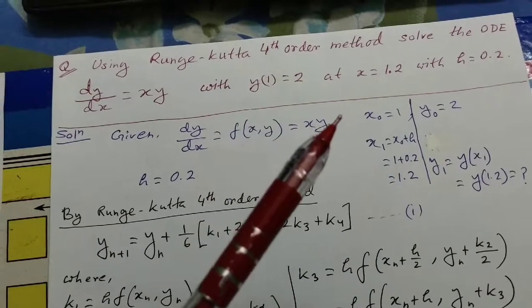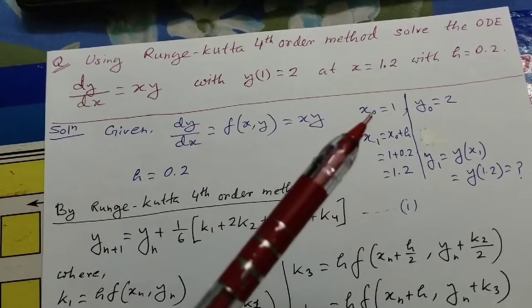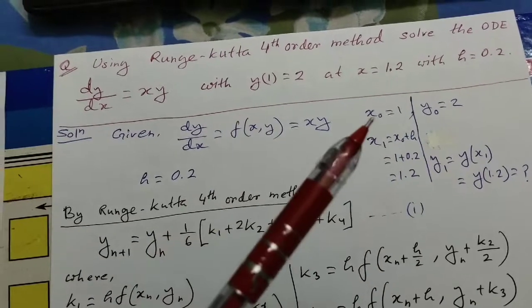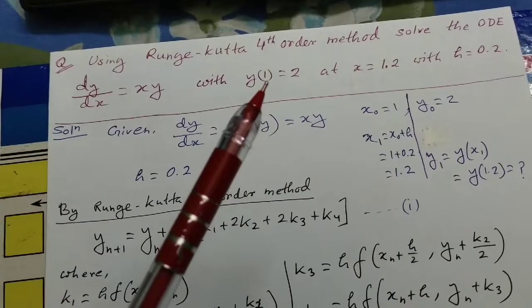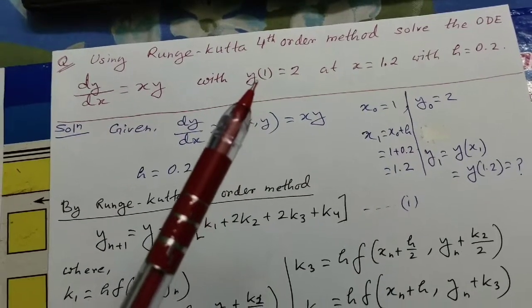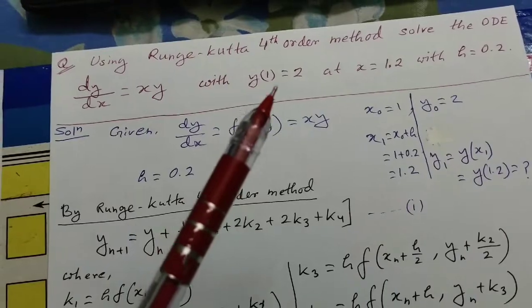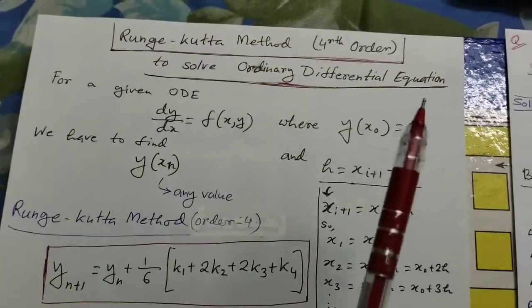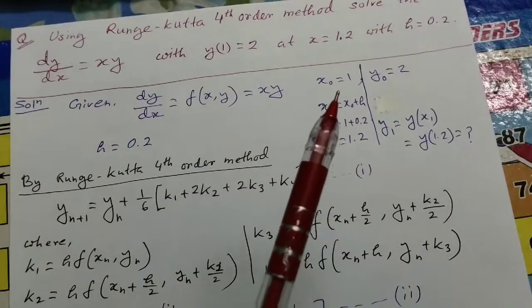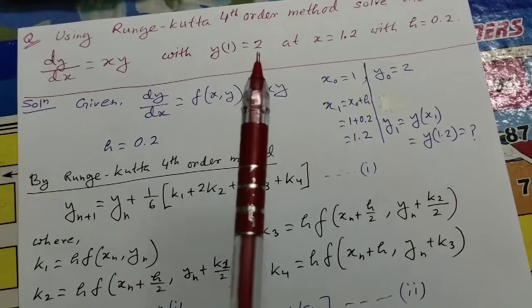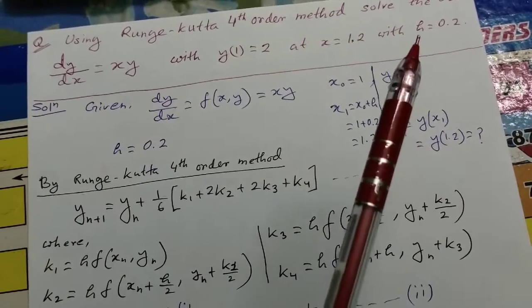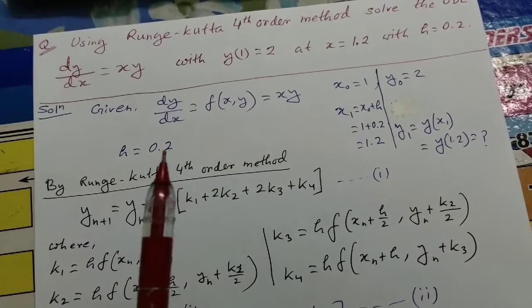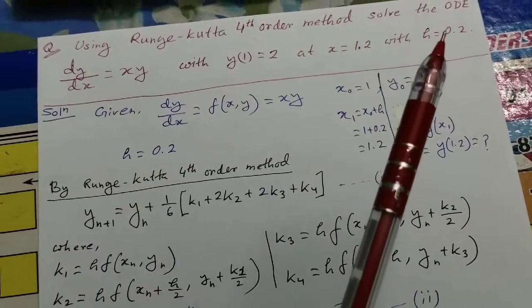Now y(1) = 2, so we can write x0 = 1 and y0 = 2, because it is of the form y(x0) = y0. Now h is given in this question as 0.2.